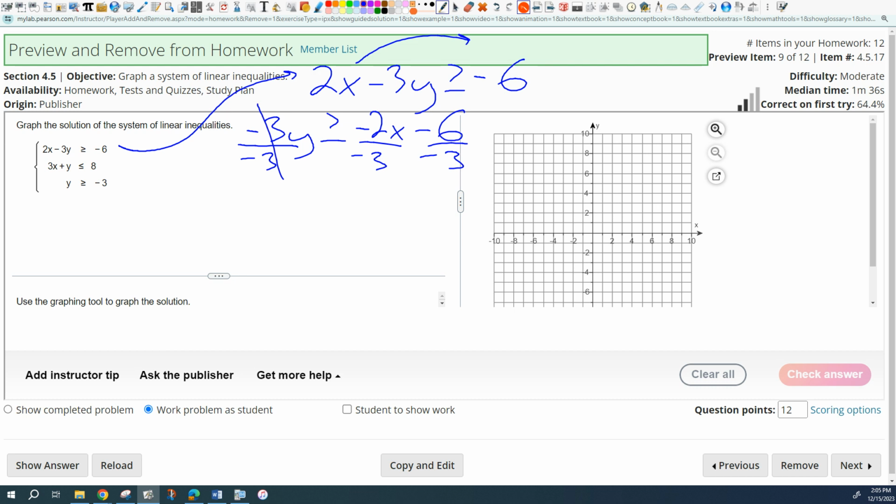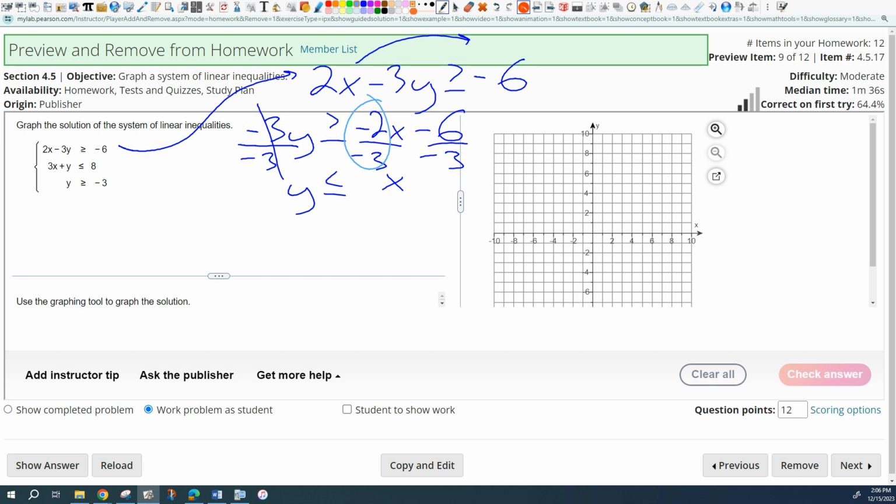So those guys cancel. I get the y by itself. I divided by a negative, so what do I have to remember to do? Flip the inequality. Good. Now, what is this going to be? I'm going to end up with something on this side of the form mx plus b. I want to know what's the fraction that's going to go in front of x.